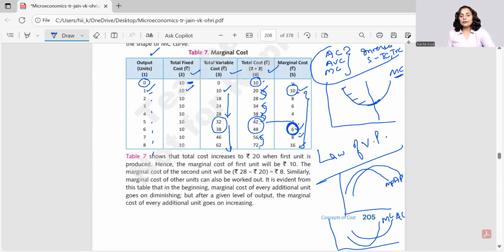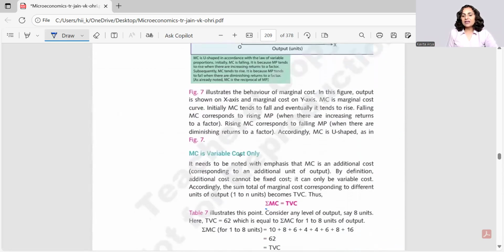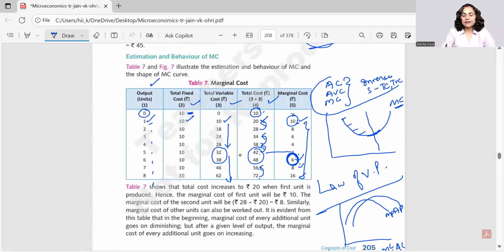So this will tell you that TVC is nothing but the sum of all the MCs. Every additional cost which is being done is actually variable in nature, because plant and machinery has already been installed at the 0th level. Right. So let me show you this. TVC is the sum total of MC from this table again. So TVC is 10 here.